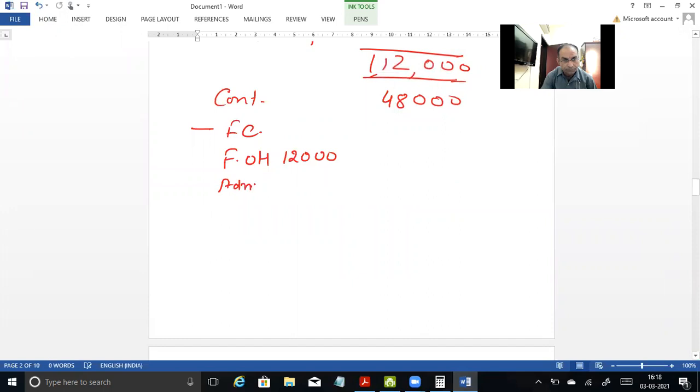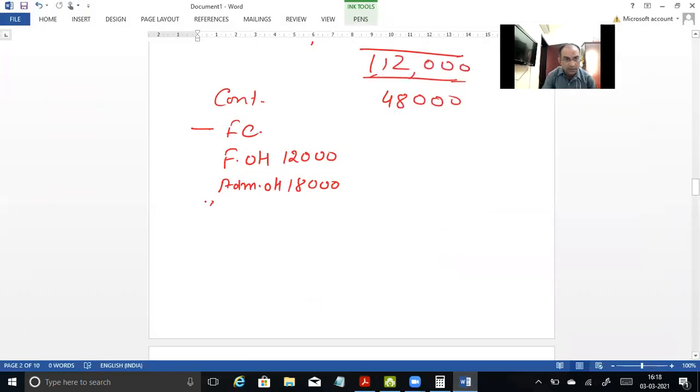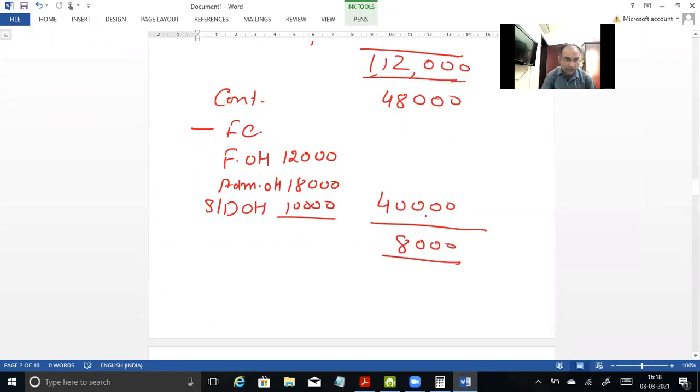Then we have selling and distribution overhead of 10,000. So how much is it? 12, 10, this is 30 and 10, 40,000. So 40,000 is our total fixed cost. So we are getting 8,000 rupees of pure profit after covering our entire 40,000 rupees of fixed cost. This is our pure profit from the local market.